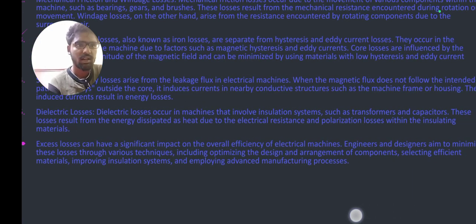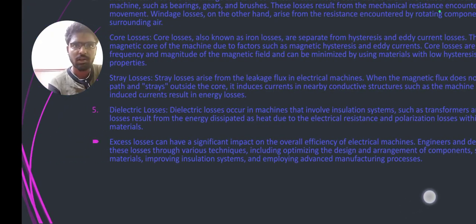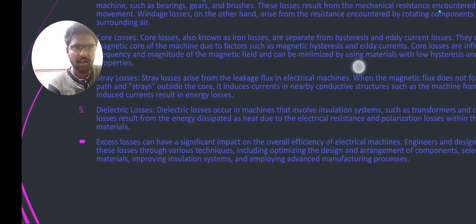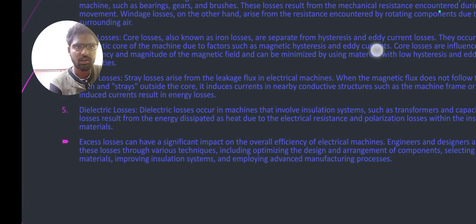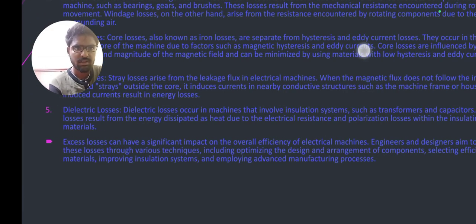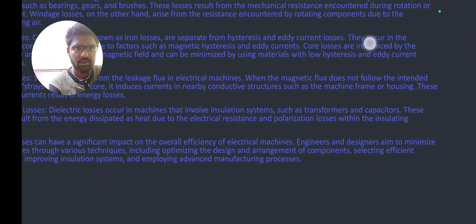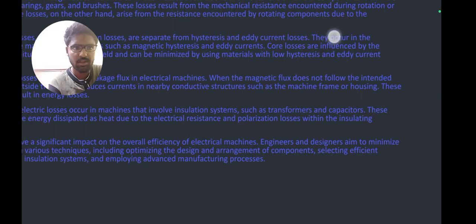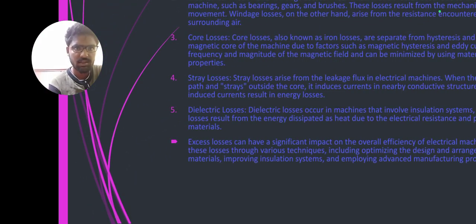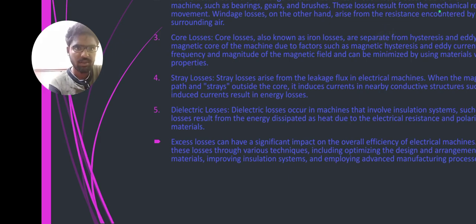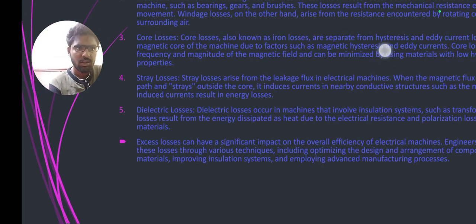Core losses are influenced by frequency and magnitude of the magnetic field. Stray losses arise due to leakage of flux in electrical machines. Dielectric losses occur in machines that involve insulating systems such as transformers and capacitors. These losses result from energy dissipated as heat.